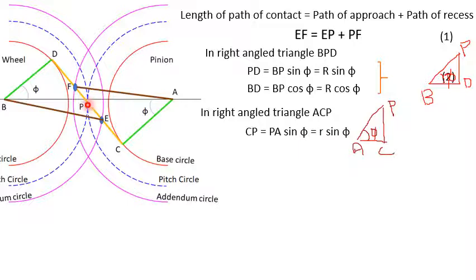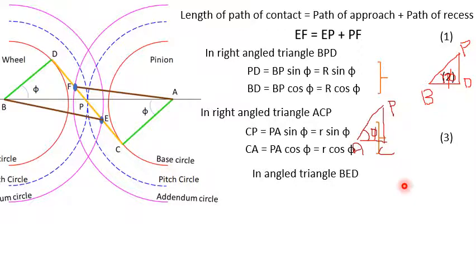From the diagram, PA represents the pitch circle radius for the pinion, therefore small r into sine phi. Then AC or CA is equal to the adjacent side, therefore PA into cos phi. PA is the radius of the pitch circle, therefore small r into cos phi. Let me call this one as equation number 3.